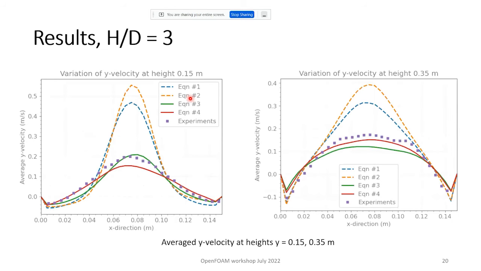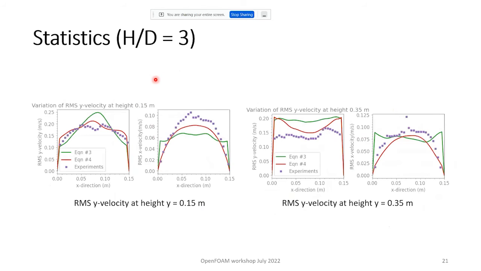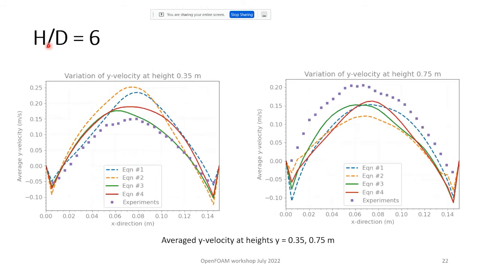And we see that equations 3 and 4 are really close to the experiments at both heights, 0.15 and 0.35, for the shorter column. These are just the RMS results. The same thing for the taller column, where we see very close results.